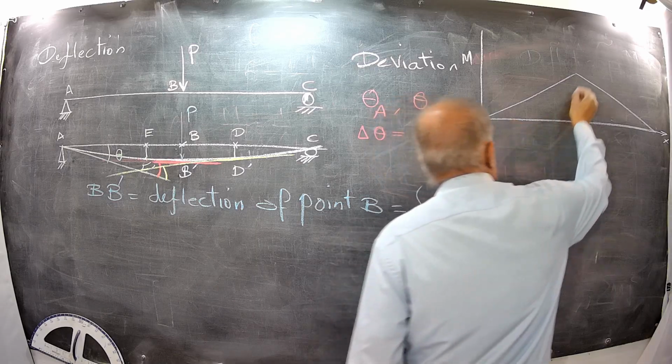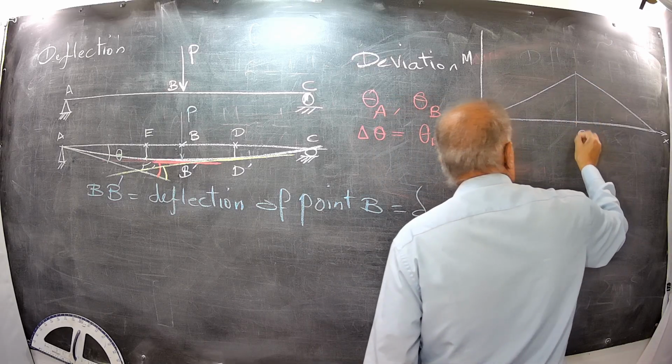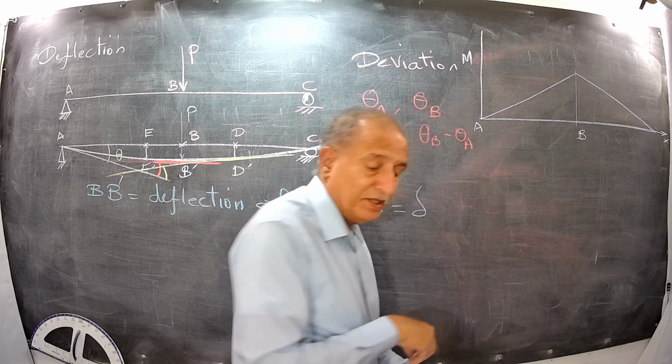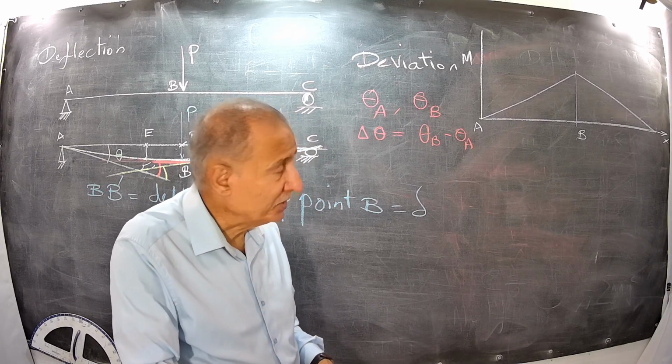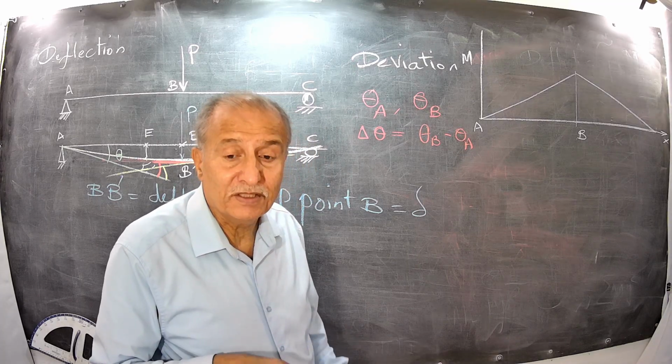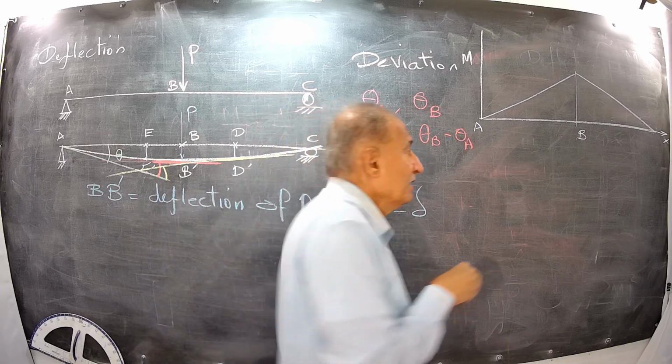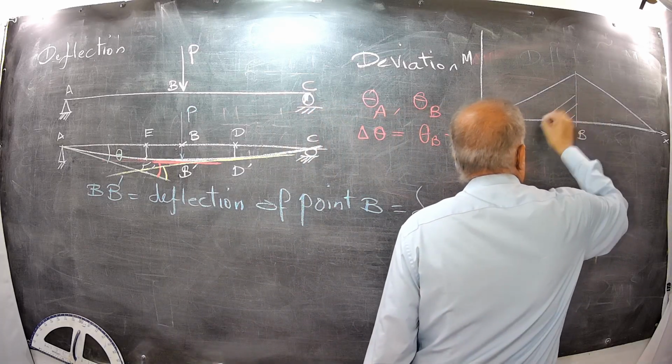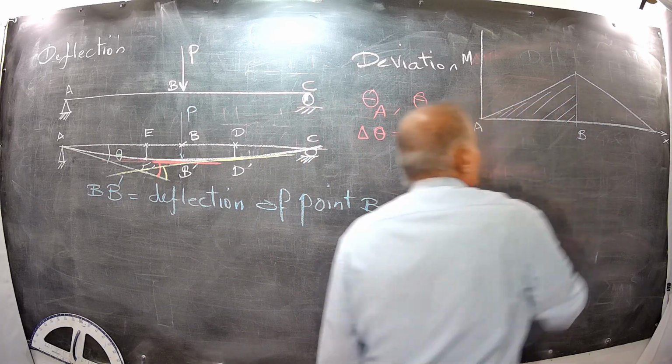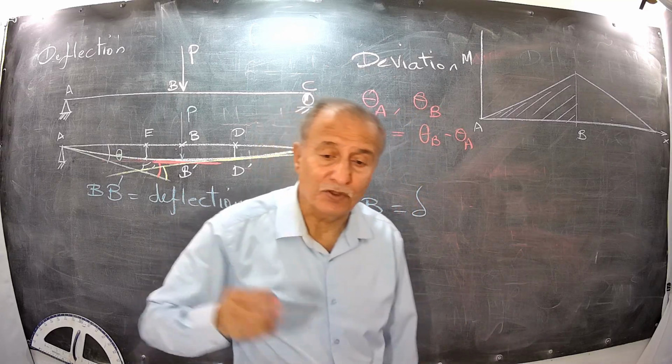Point A, point B, and the first theorem says that the area under the bending moment diagram, as shown, can be proved later in another video.